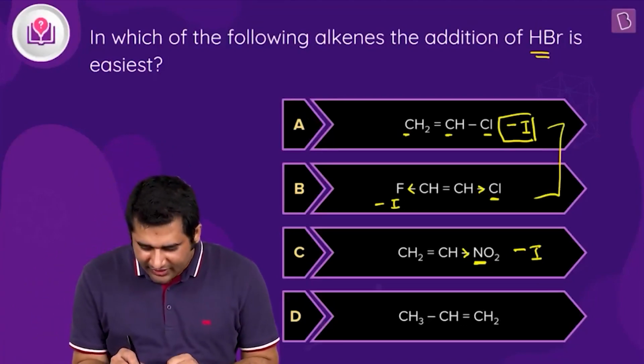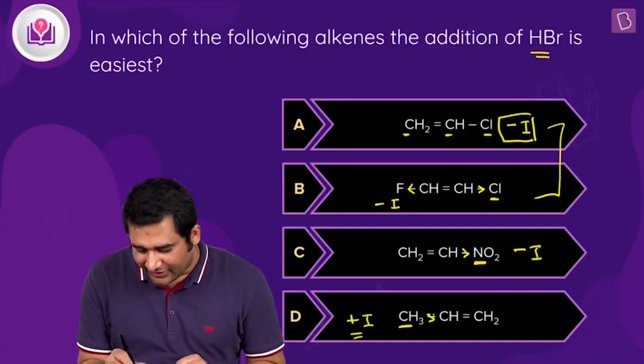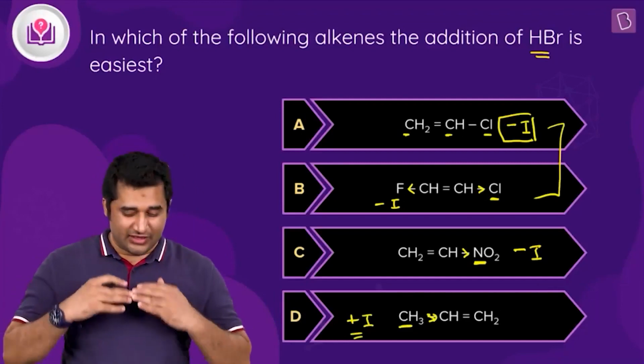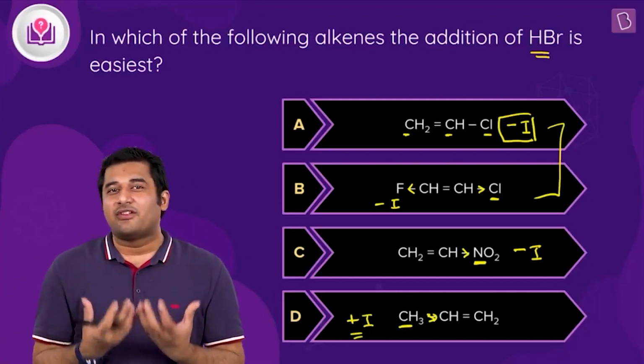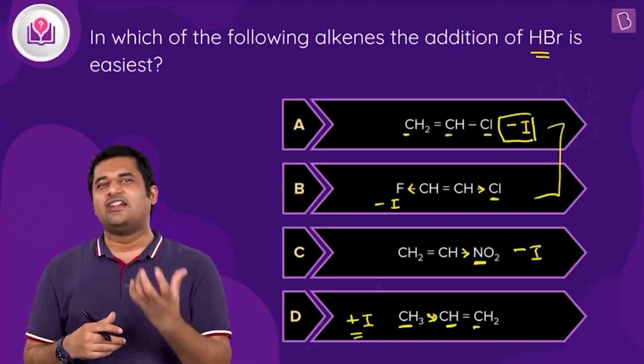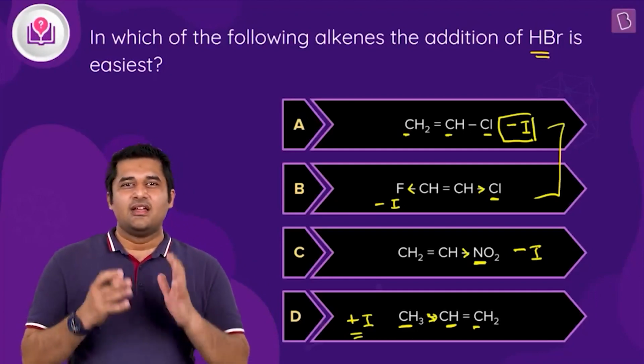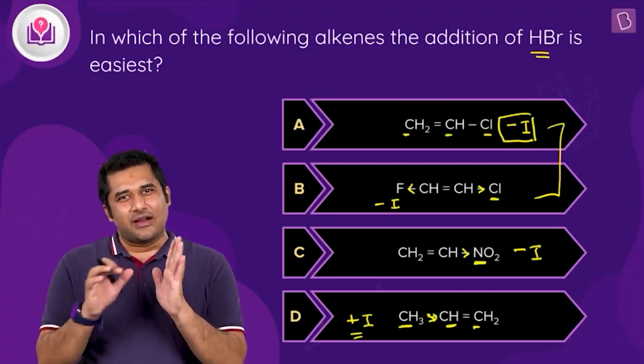Now moving to option D, here you can see we have CH3, which is a plus I group, which means it will donate electrons, and thereby there will be no development of partial positive charge on this double bonded carbon. Instead there will be partial negative charge that will develop on it, and since partial negative charge will develop, the negative charge will repel the pi electron cloud.